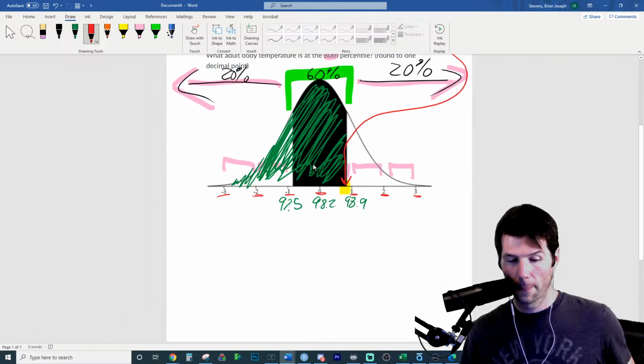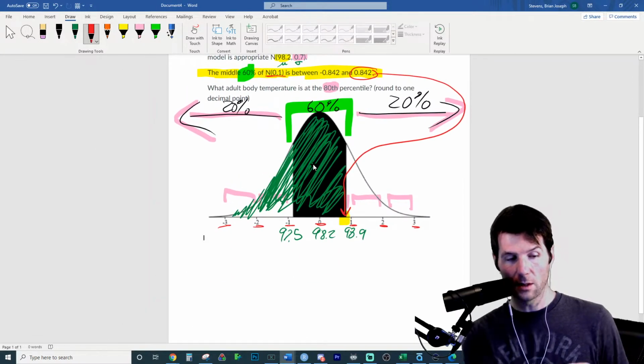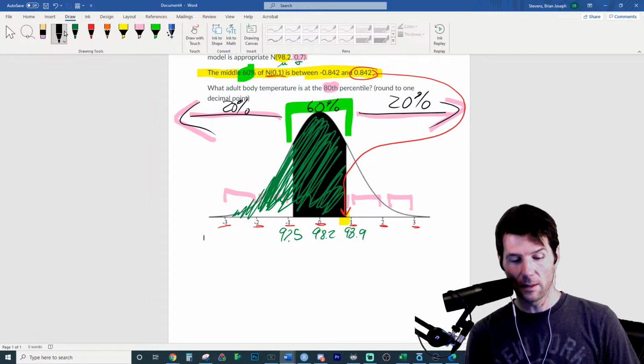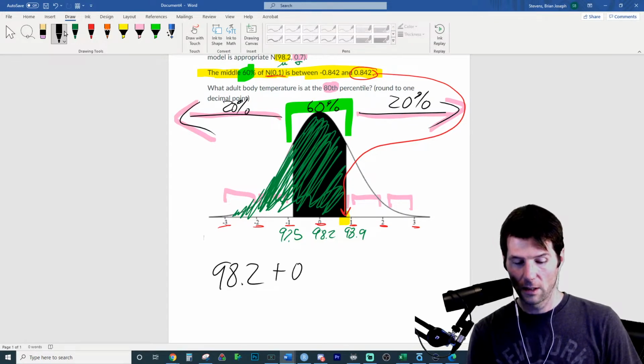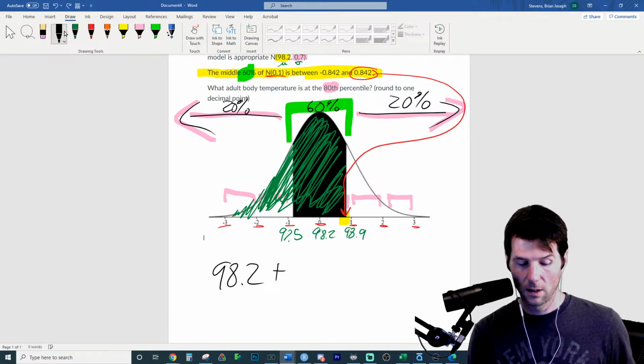So what would you do? Well, if you're 0.842 standard deviations above the mean, let's take the mean of 98.2 and add to it that many standard deviations. We'll do the standard deviation first, and then we'll times it by this.